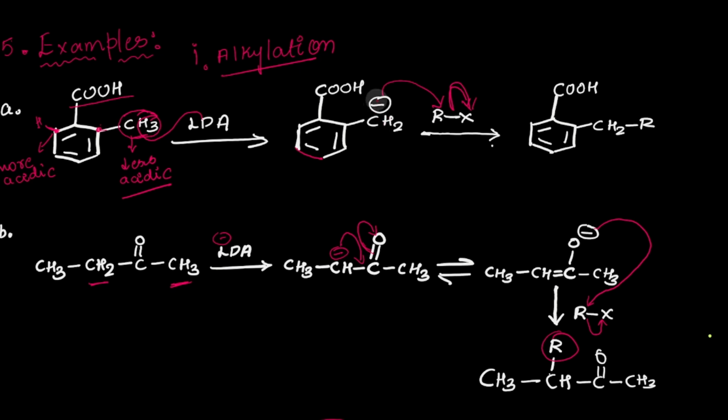Next we are going to alkylate this by reacting it with alkyl halides. Now we have a negative charge on the CH2 carbon, and since X denotes a halogen, it will be electronegative and carry a partial negative charge, and this alkyl group acts as an electrophilic center.